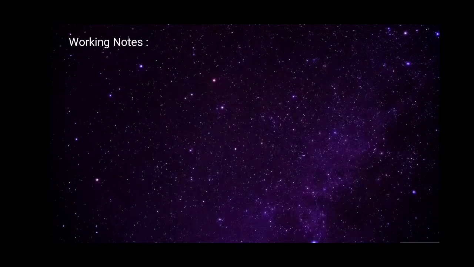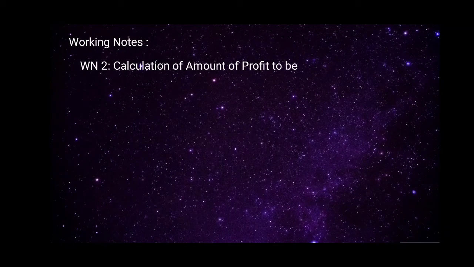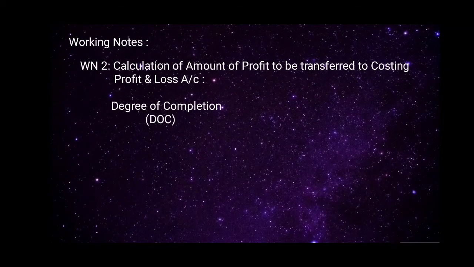Now let us calculate the amount of profit to be transferred to profit and loss account. Working note number 2, calculation of amount of profit to be transferred to costing profit and loss account. We'll calculate first the degree of completion, that is DOC, which is equal to work certified divided by contract price into 100.